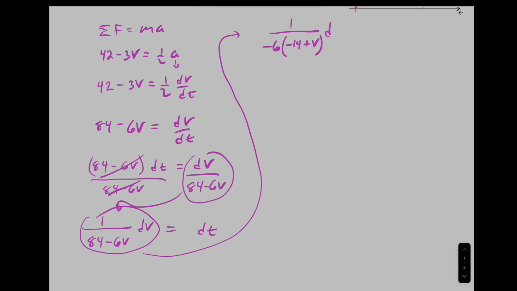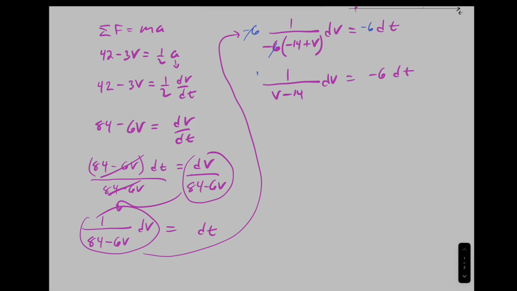Close the parentheses, dv. And then that's going to be equal to the other side, which is just dt. Now I'm going to multiply both sides by negative 6. So what I have now on the left is 1 over v minus 14 dv is equal to negative 6 dt. Again, I just multiplied the left by negative 6, so it canceled out, and then I multiplied the right by negative 6.